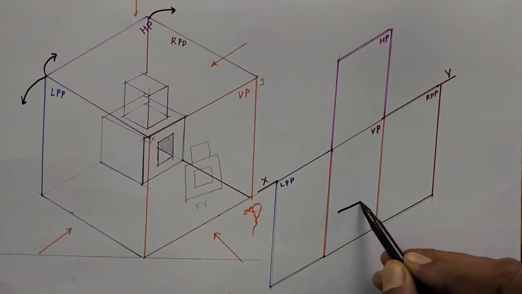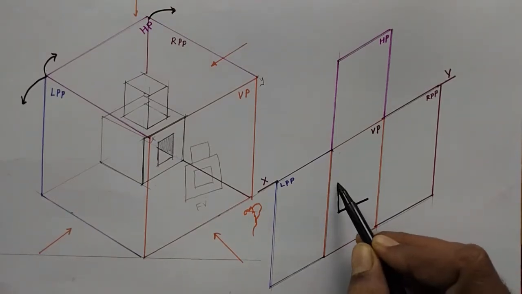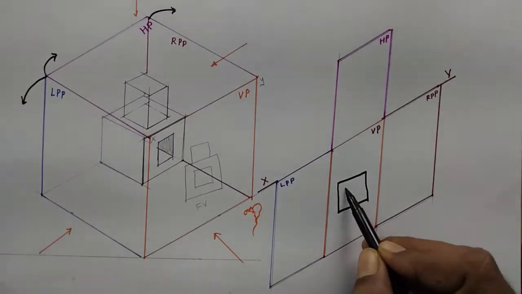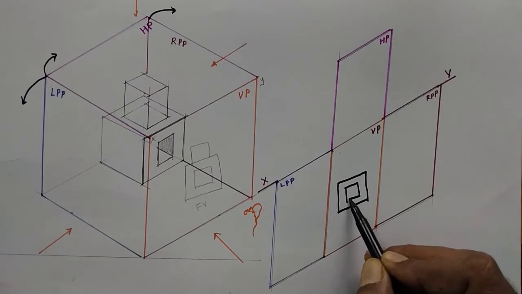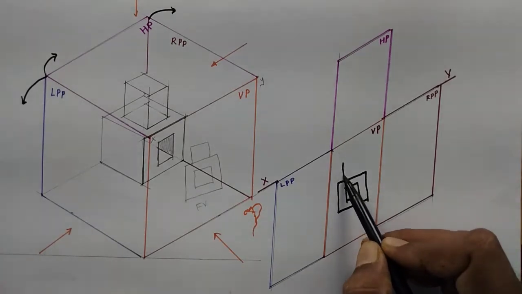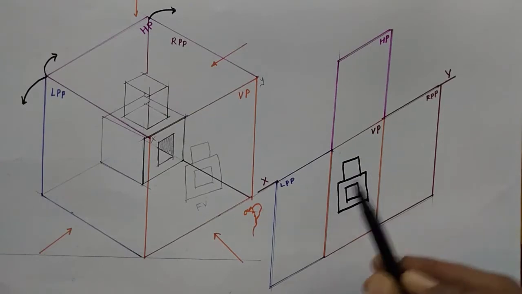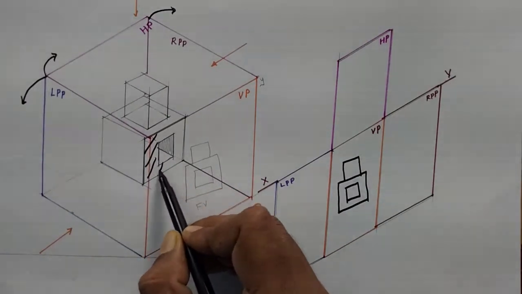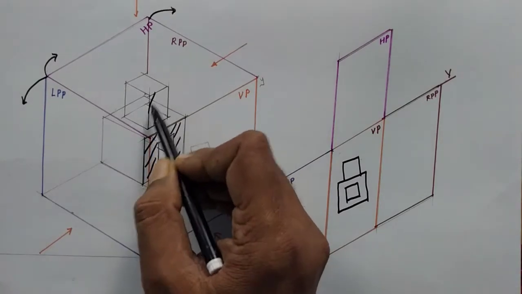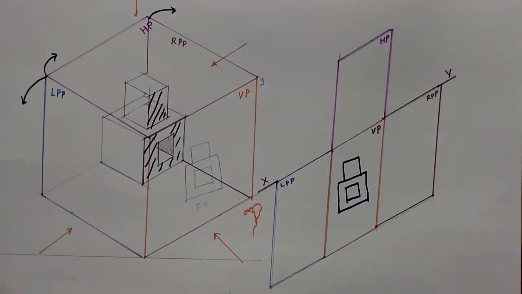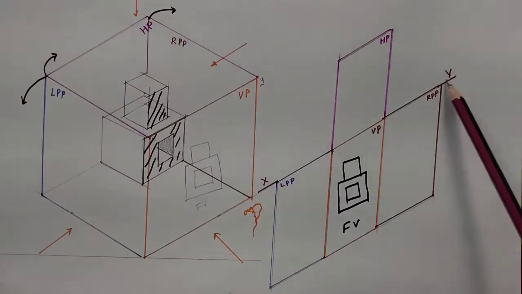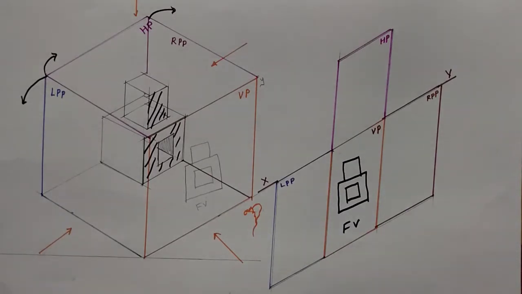So here I roughly draw my front view with a small square, and we can also see the top surface. These are the surfaces visible from the front view orientation of the 3D object, and you can represent them in 2D. My front view in third angle is always below the XY line.